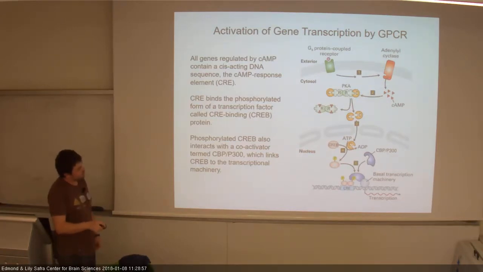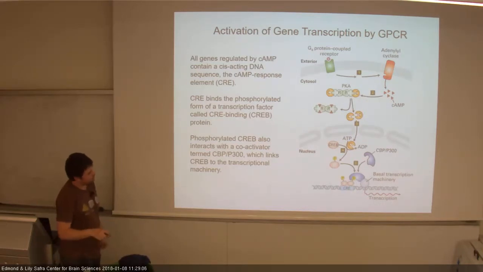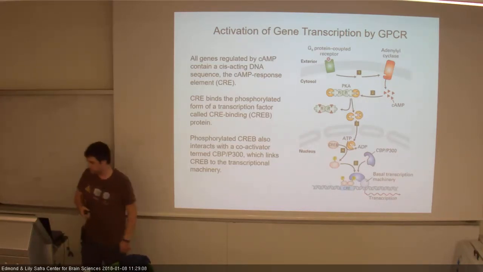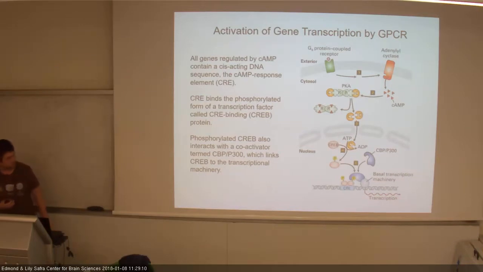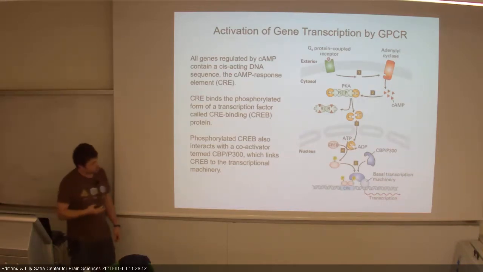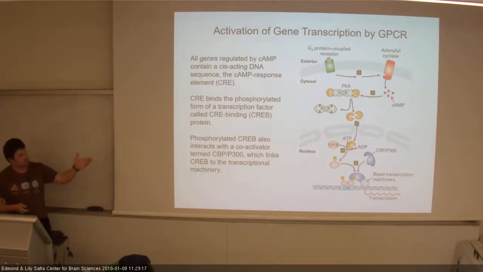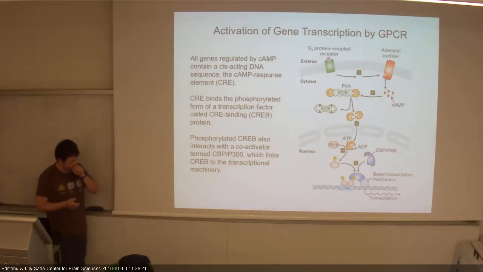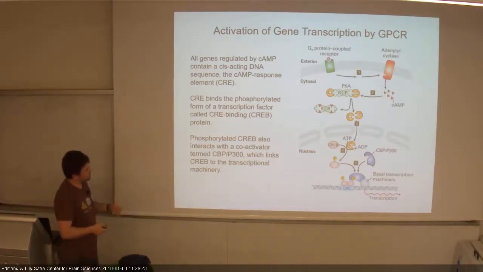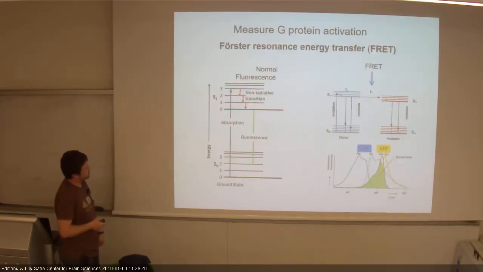This phosphorylated CREB can now bind to CRE, and through mediatory proteins can cause the transcription of certain genes that are responsible, for example, for long-term plasticity like we saw, and other behaviors in the cell. But this response is not restricted to neurons. It can happen in many different types of cells and cause transcription of many different types of genes.